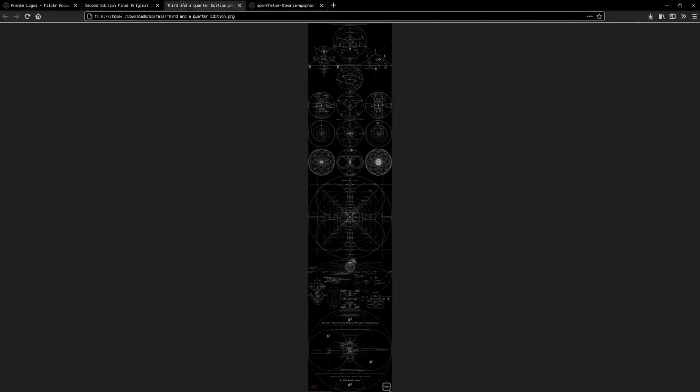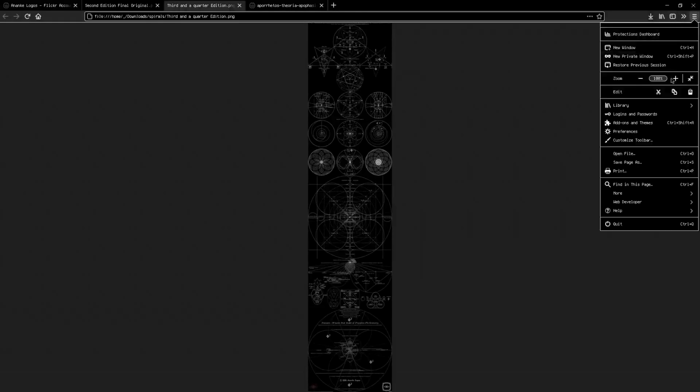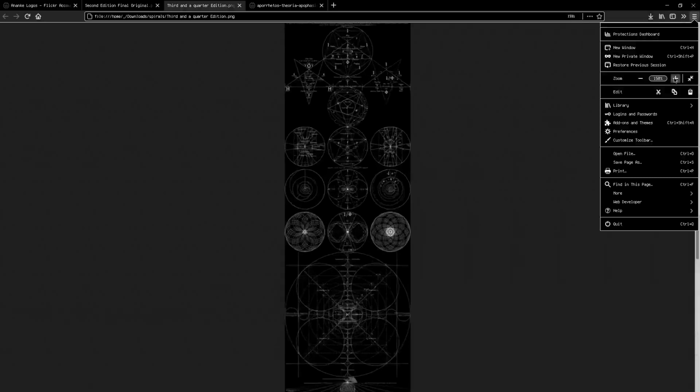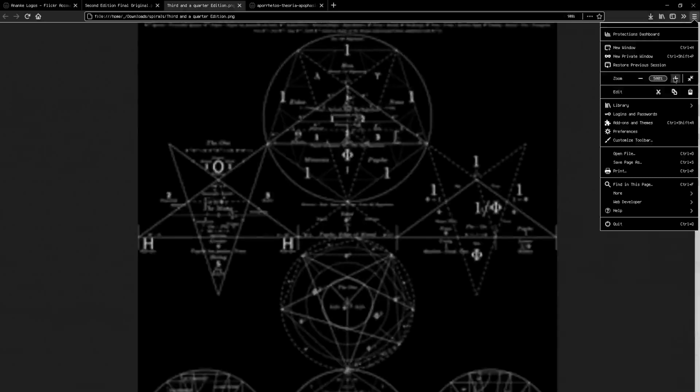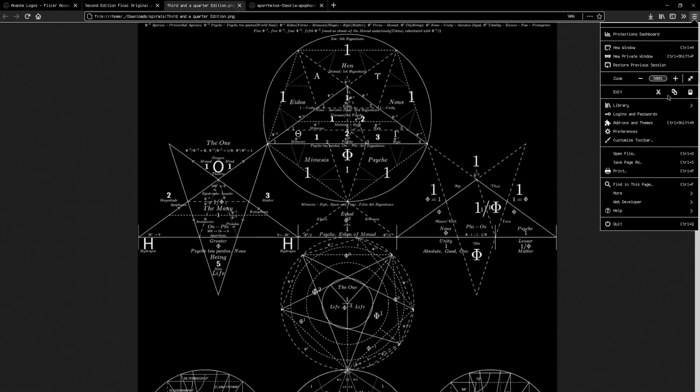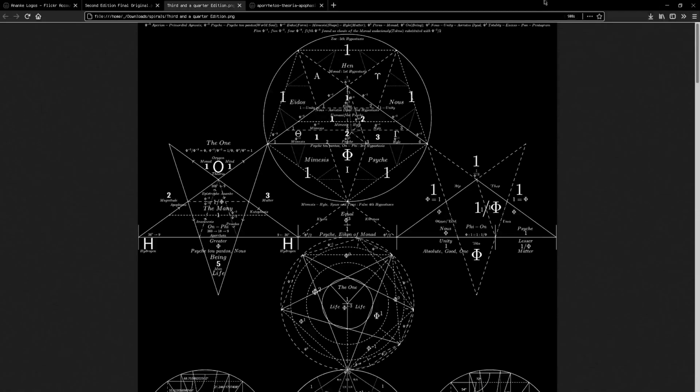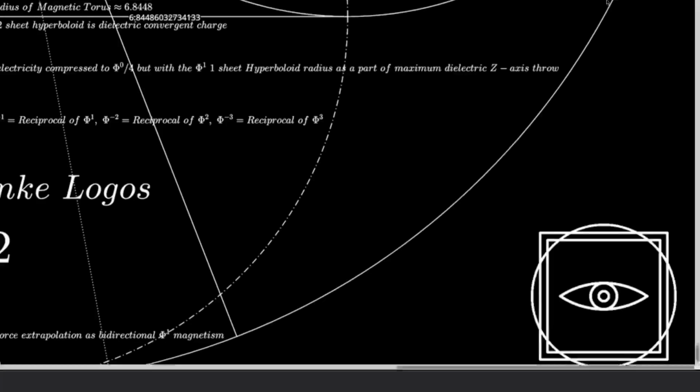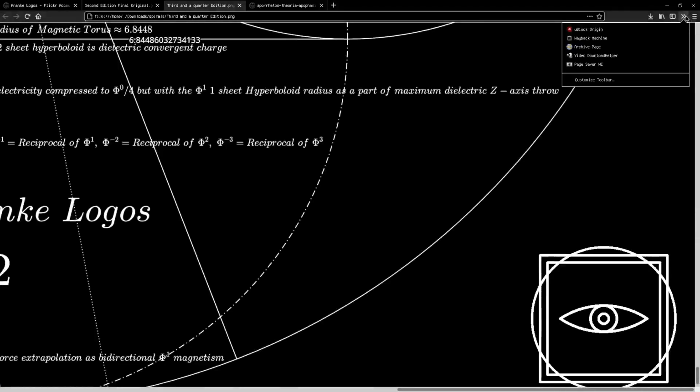And moving on to the third and a quarter edition, which I don't think I released, okay, just zooming in. This image is really huge, so, oh, I went in too much.